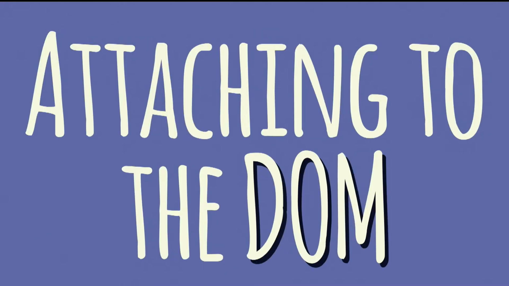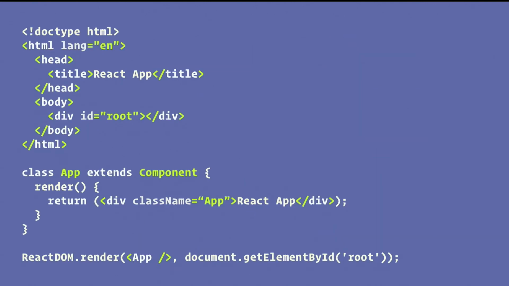And then the last thing that we mentioned in the 4 things that you need for a React app is just attaching it to the DOM. So this is something you only have to do once in your application. If you look, the first part of this page is your HTML, regular HTML, like your index.html file. And if you see within the body, there's a div with an ID of root. The next section is where you create a component called App.